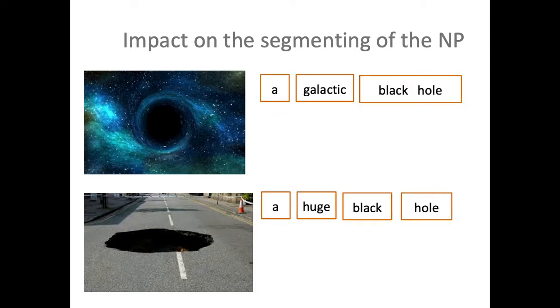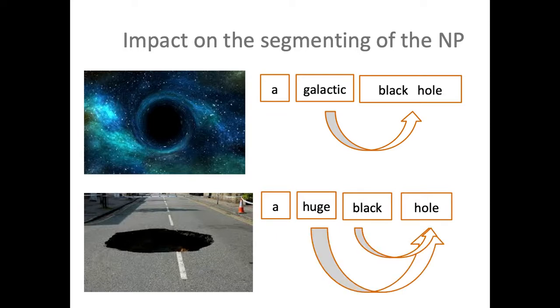Because in the first case, black hole forms a unit, whereas it doesn't in the second case. Which means that in the first case, the adjective galactic has scope, which means porte sur, has scope over black hole, whereas in the second case, the adjective huge and the adjective black both have scope over hole.